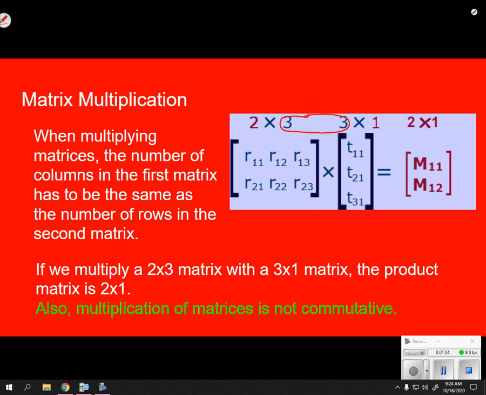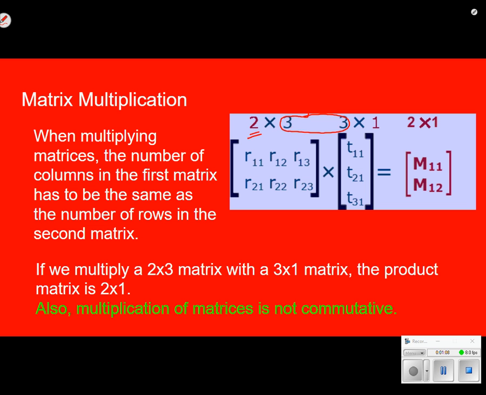Because those numbers match, the size of my answer is going to be the number of rows from the first matrix and the number of columns from the second matrix. So remember, it's rows by columns, rows by columns. So in this case, we're going to create a 2 by 1 matrix.